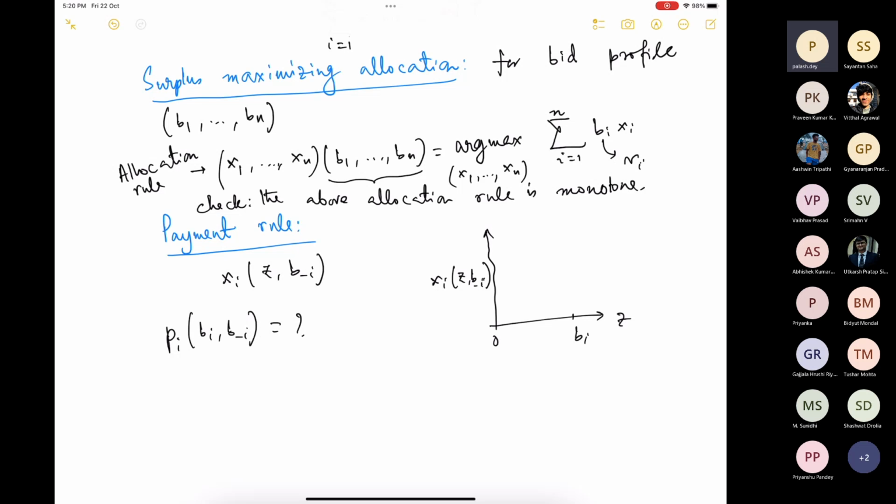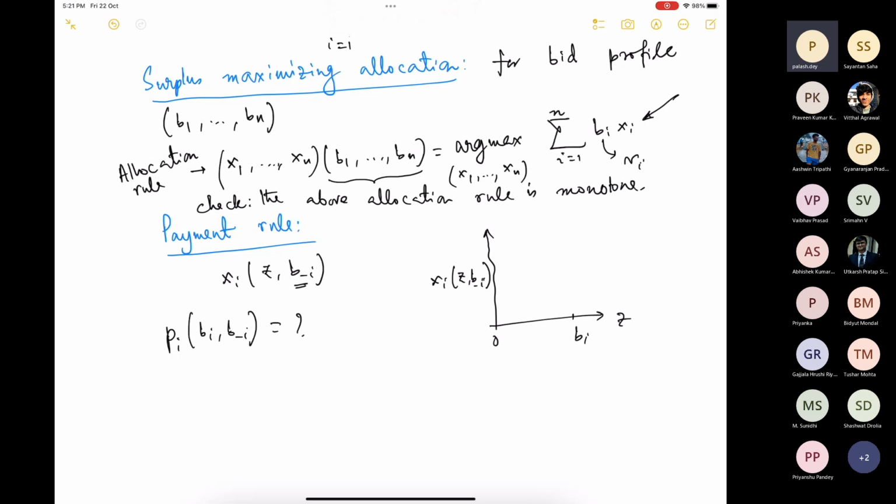Okay, so if you fix the bid values of the other players, the allocation is maximizing summation bi xi. Now, if you make z equal to 0, then of course it won't be picked because it does not make sense to pick.